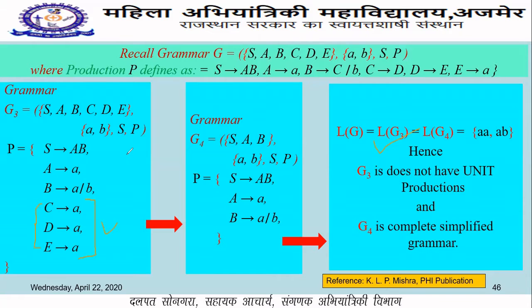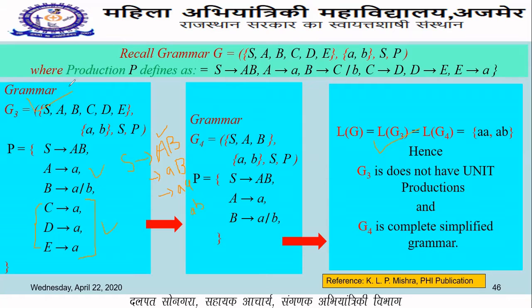We always start with the starting variable, S tends to A B, so we never have variable C, D, or E. Further, A is replaced only by small a using A tends to a, and we have a choice for B, either a or b. So only the strings aa or ab are derived by this grammar G3.